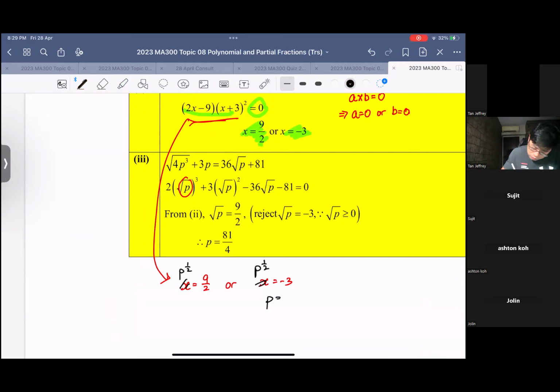You get p equals 9. Okay, this one we reject, sorry, I'm so stupid, because square root p cannot be negative. This one, p will be equal to 81/4. And with that, we are done with the question. But this is the most difficult part.